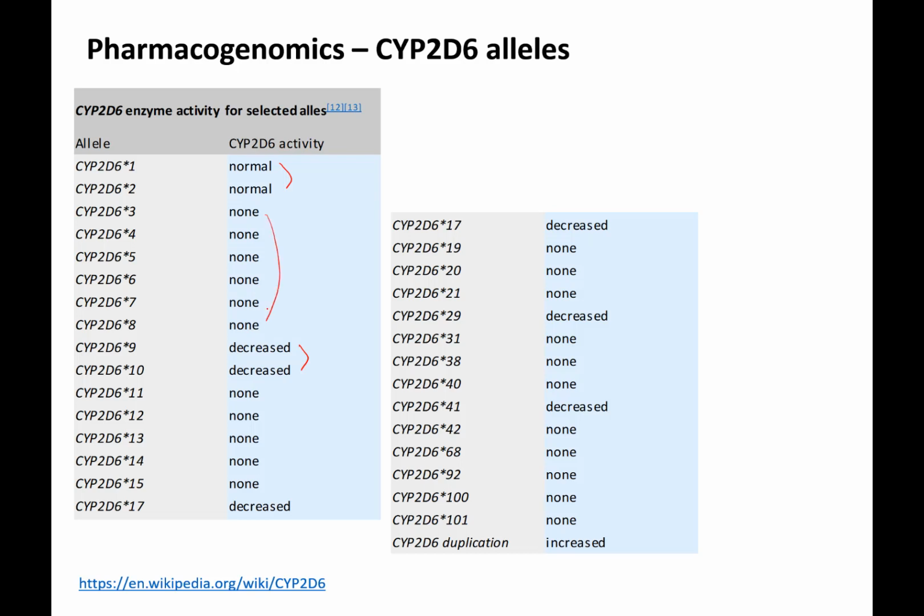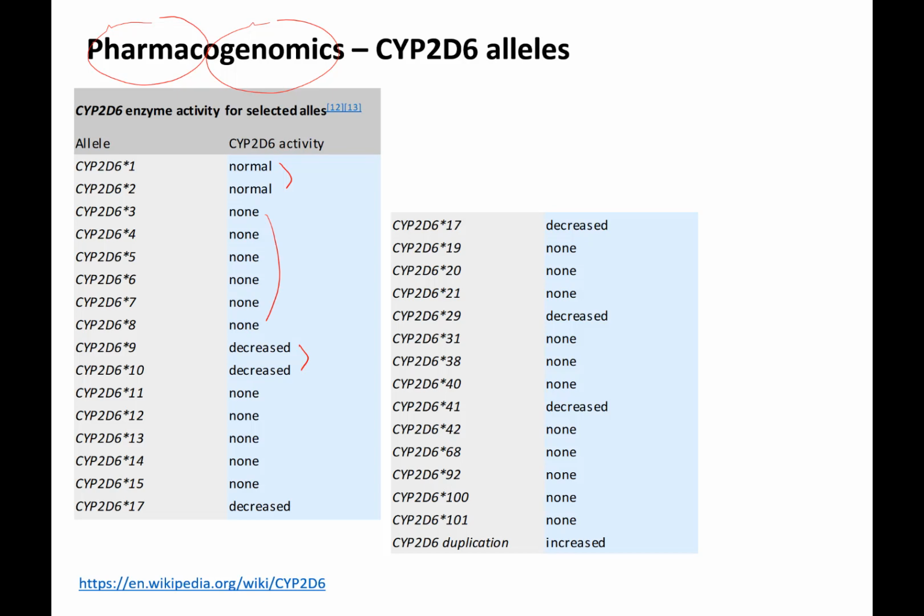Lots of them give you no activity. So part of pharmacogenomics is actually genotyping people to see which alleles they have, and then to correspond that with the drug information that we have, and get you the right dosage for the right response.